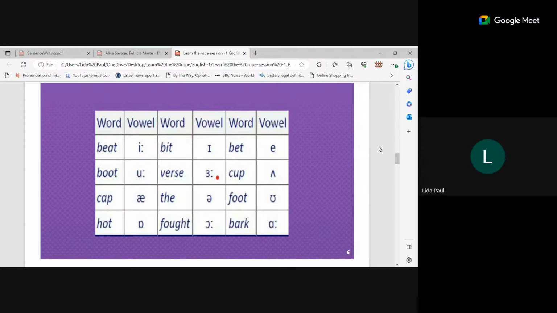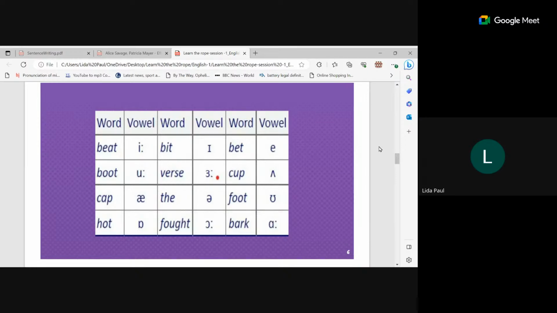Okay. Now, this table that you see is giving you all the 12 vowel sounds, all of them distinctly. And it has just provided one example each with all of these words. I'll upload this PPT once we are done with this class, so it will be easier for you.